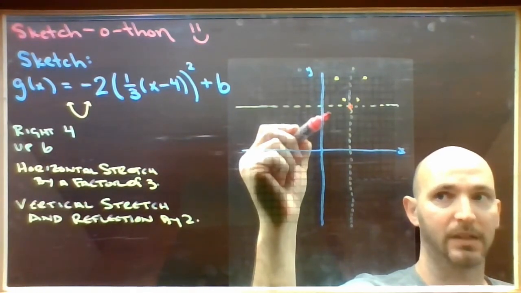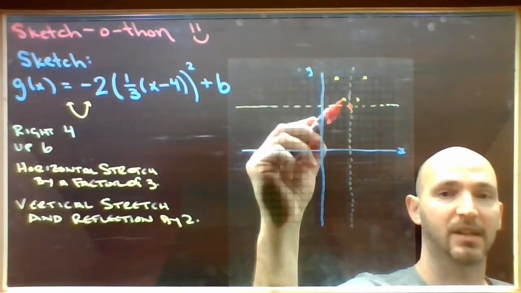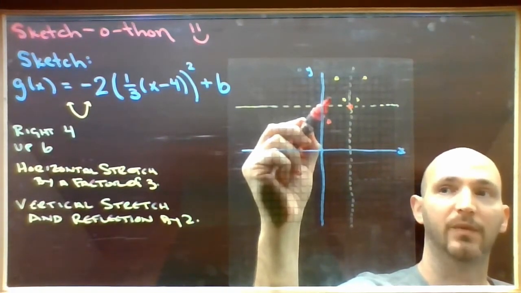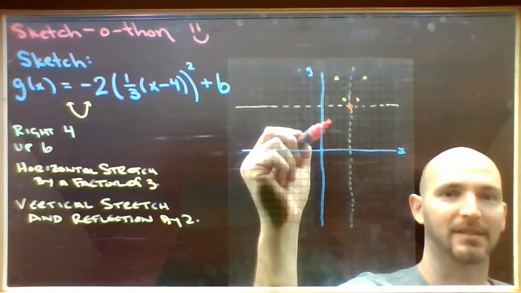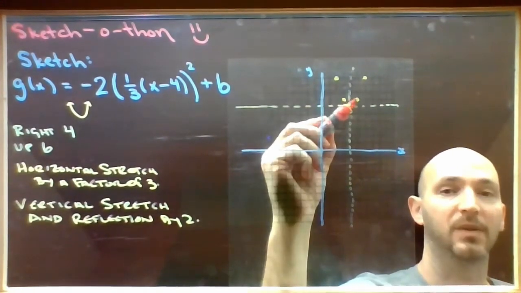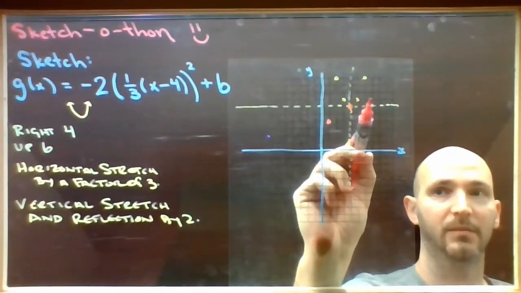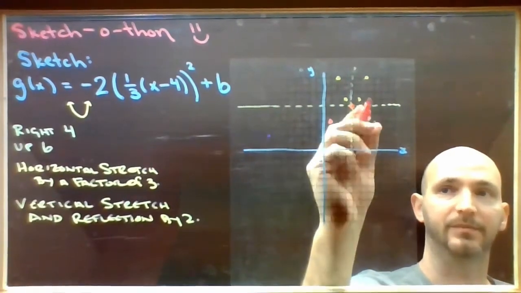So instead of 1, it's 2. So this dot was thrice as far from the y-axis, reflected, and then twice as far from the x-axis. Same thing is going to happen to this one. Thrice as far. Instead of 1, it's 3. Reflect it, and then make it twice as far. And end up here.